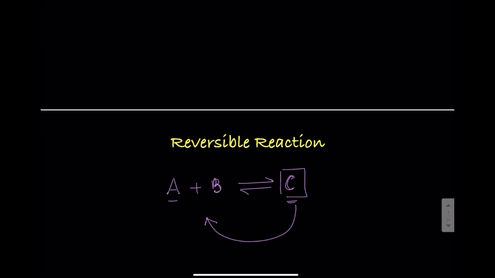It's no longer stable enough to remain as the product, and it starts to dissociate into the reactants, in this case A and B.